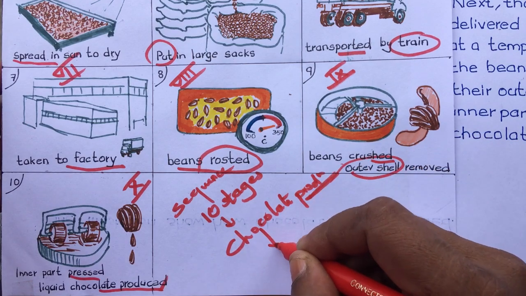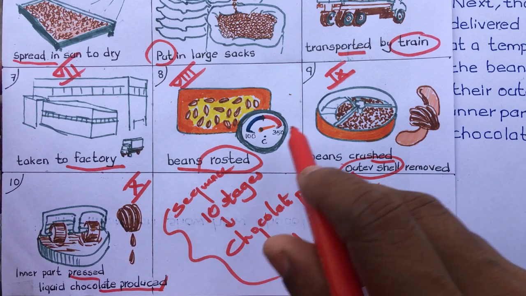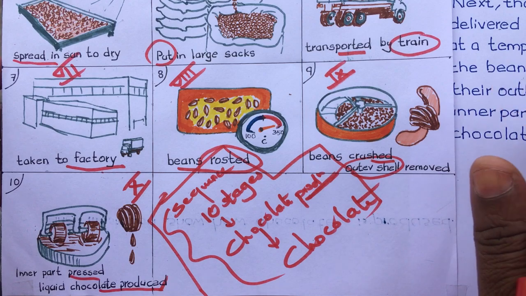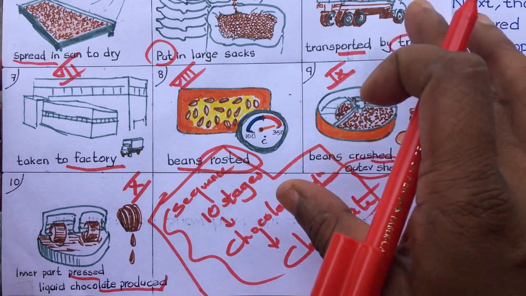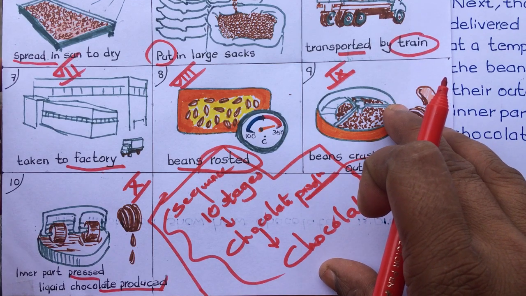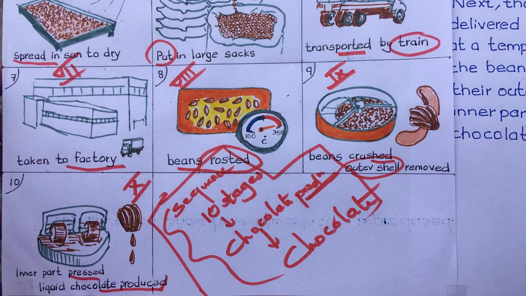That is your chocolate. So this is our summary of what the diagram is about. When you get a diagram like this, you have to find the real sequence of the stages, how many stages there are, and what the final outcome of this process is. So let's move to the sample now.